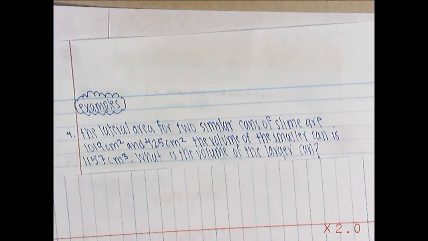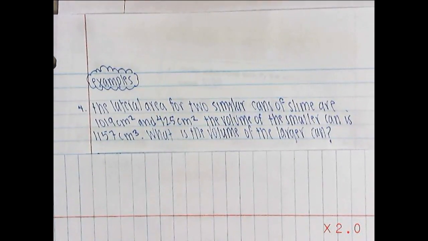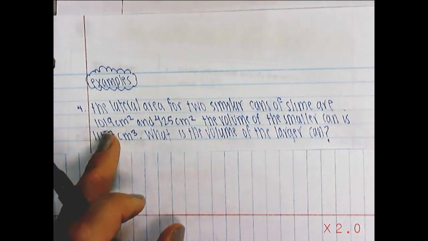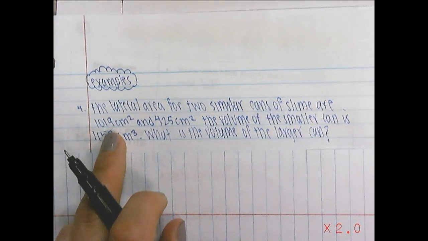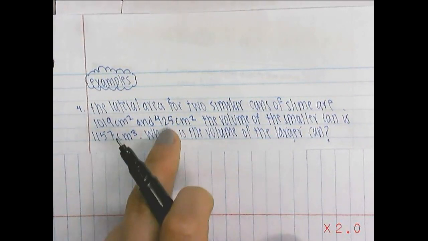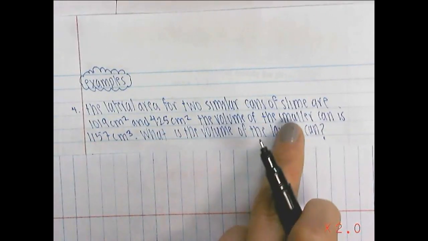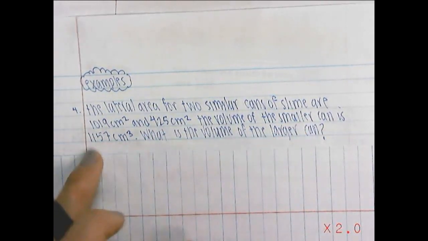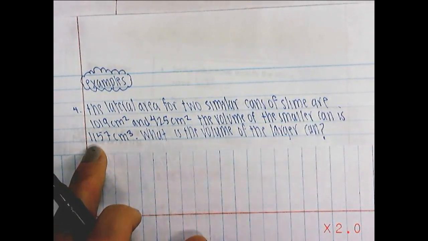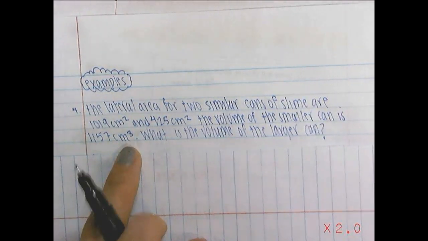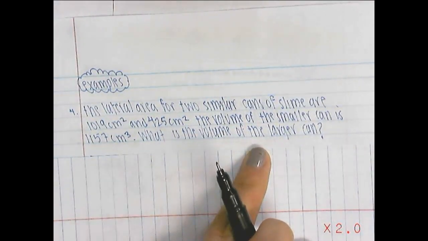The lateral area for two similar cans of slime is 1,019 centimeters squared and 425 centimeters squared. The volume of the smaller can is 1,157 centimeters cubed. What is the volume of the larger can?